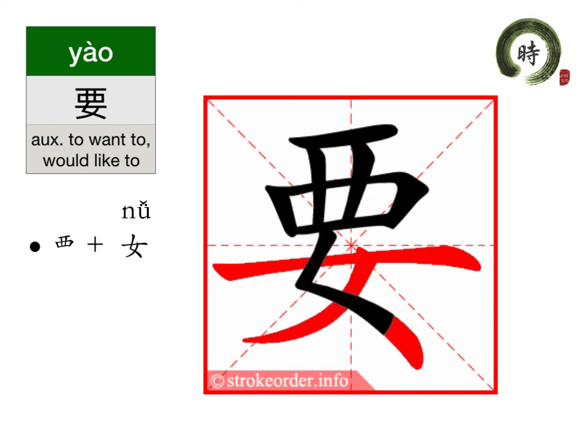And actually, it's not 西, it is similar to 西. So 女孩子需要很多东西. The girls usually need many things. You can use this way to memorize this 要. Please watch the strokes and write it down. 要.